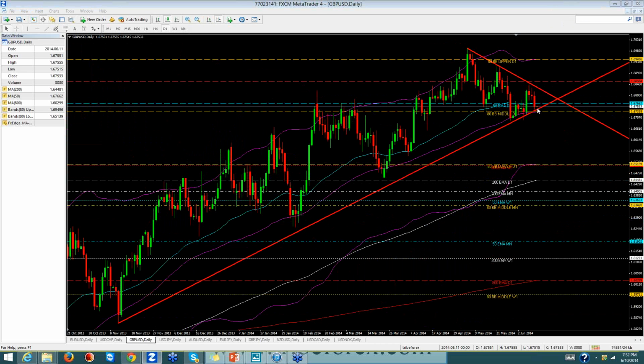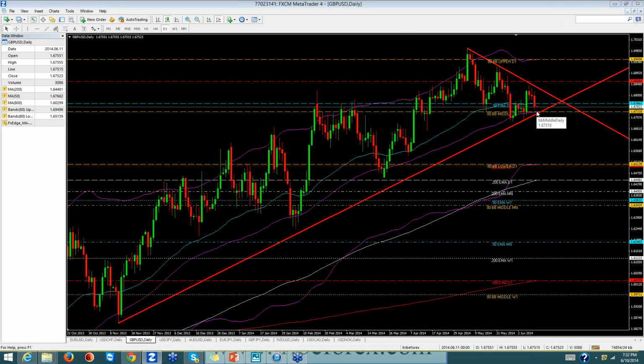The pound dollar is actually sitting right at an area of support. And in fact, I would adjust this because I think this is a much more prominent area of support here.